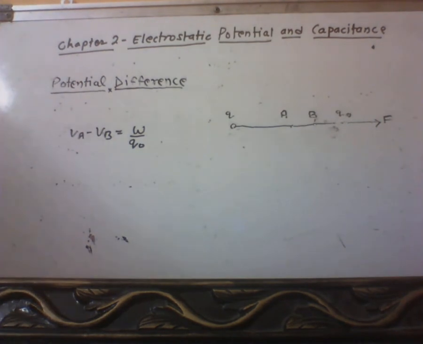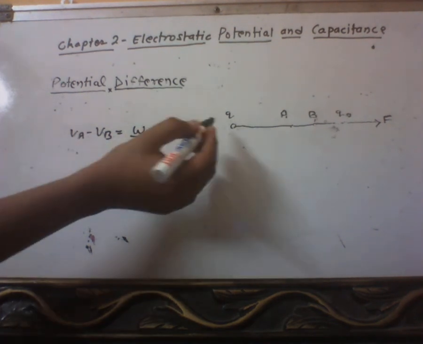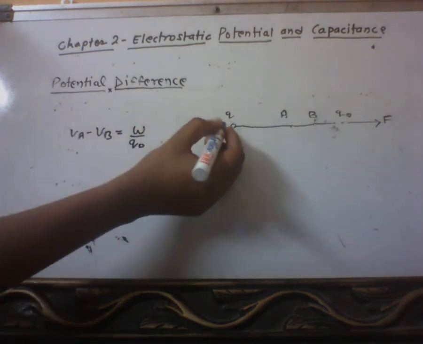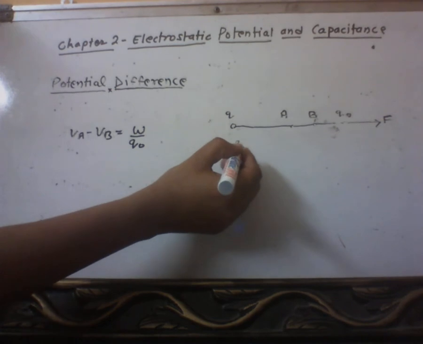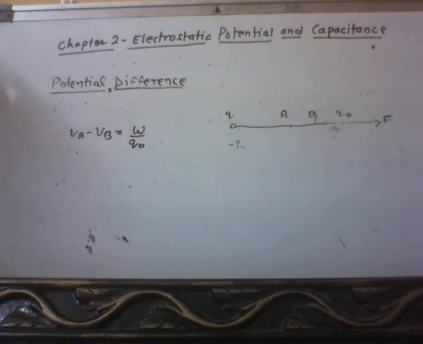The SI unit of potential difference is also the same as that of potential at a point. Now suppose this charge is negative, then what will happen?